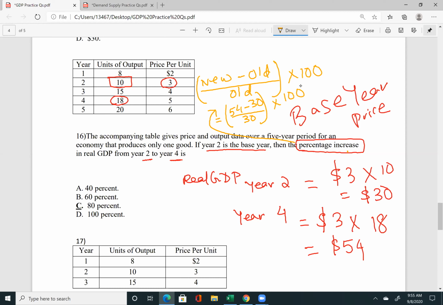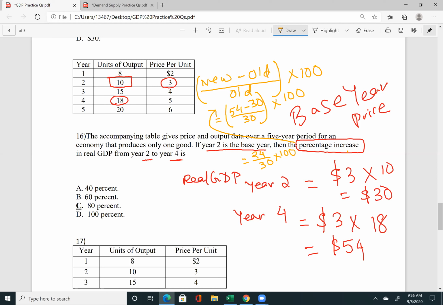I kind of feel like I made a mistake here for some reason, with 30 and 54. All right, no, I think I'm fine. So on the top, we have 54 minus 30, so we have 24 over 30 times 100.